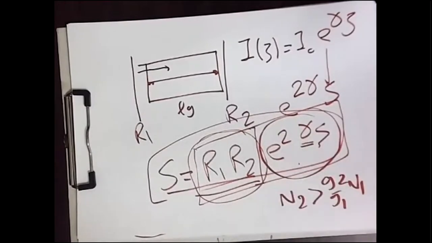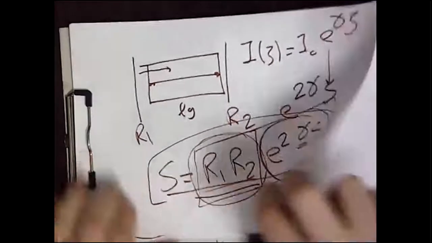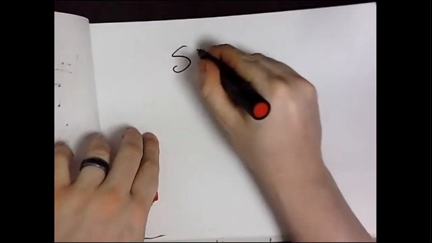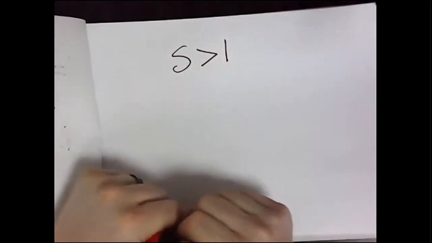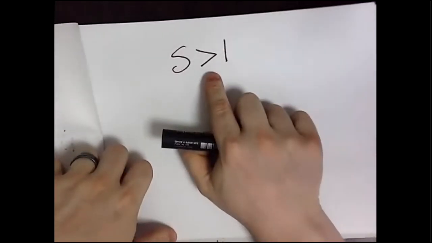And of course, this is the case we are targeting, to have a dominant gain. Accordingly, our target is to have S greater than 1. We are targeting to reach an S greater than 1.